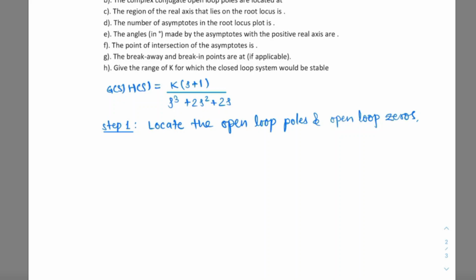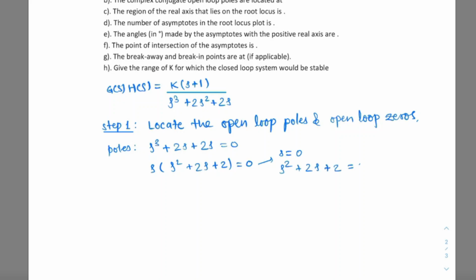So let's see, poles are roots of the denominator polynomial. So we can take s common. So this breaks into two branches. S is equal to 0 and s squared plus 2s plus 2 is equal to 0.